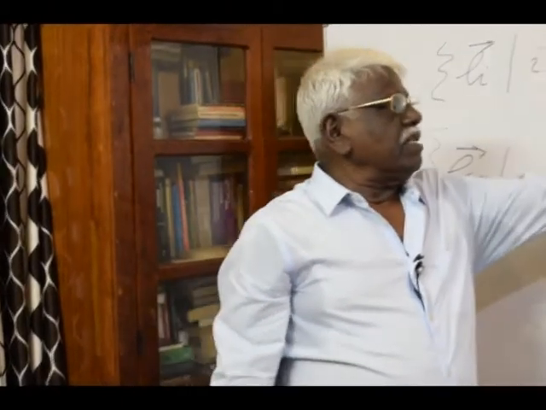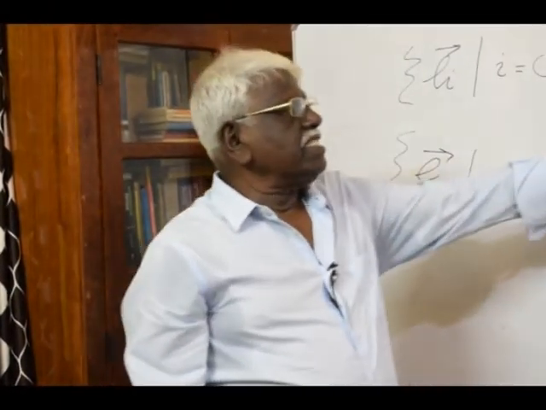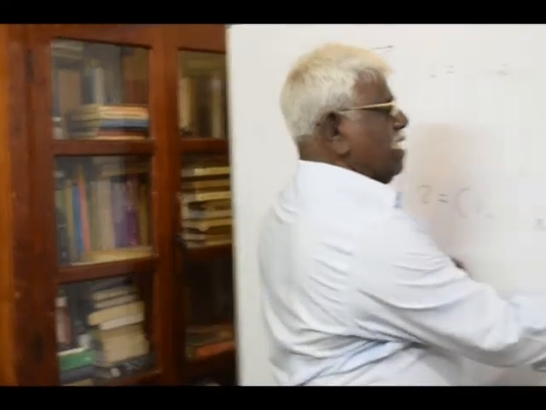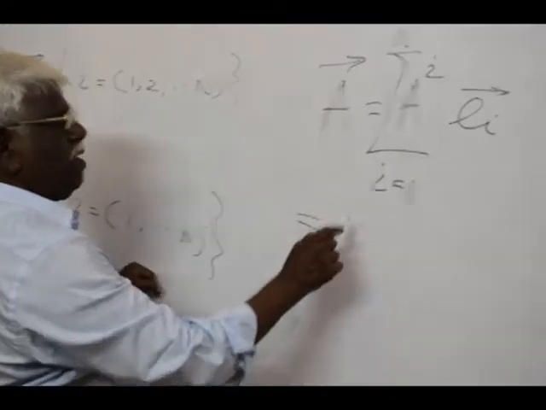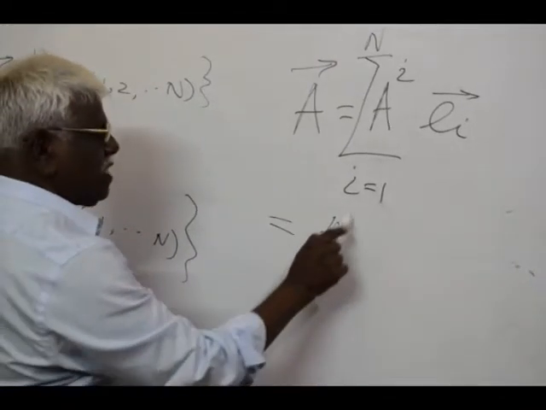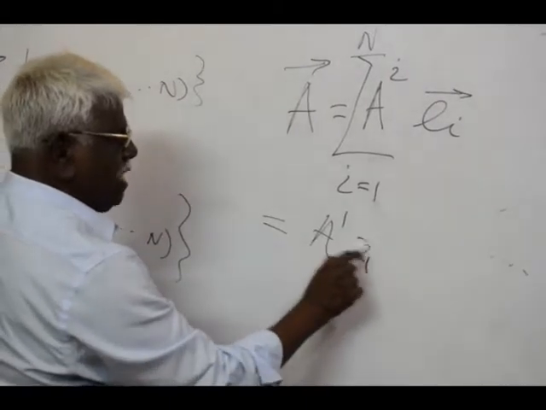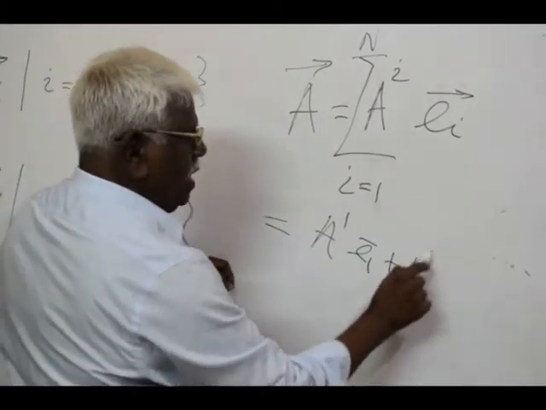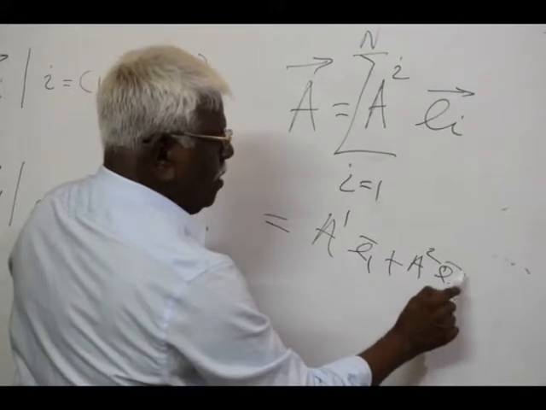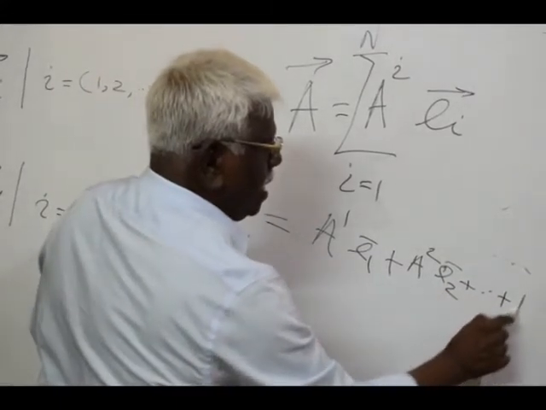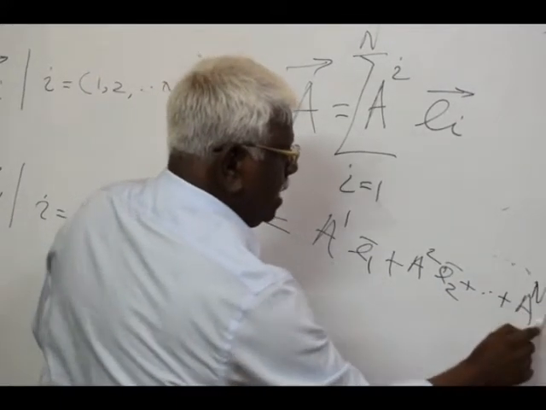This is a non-zero vector, written as the sum of the basis vectors: a1 e1 plus a2 e2 plus and so on up to an en.